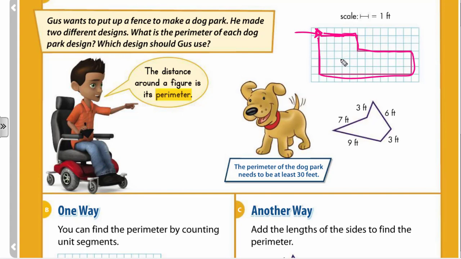So we have inside here, we have area. This is inside the figure. But around it, the red line here, is called perimeter. So for each figure we have area and also we have perimeter. Okay. Now we are trying to find the perimeter of the first figure. Let's go down.